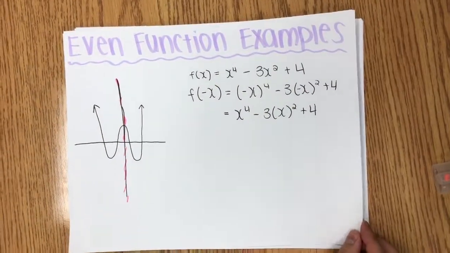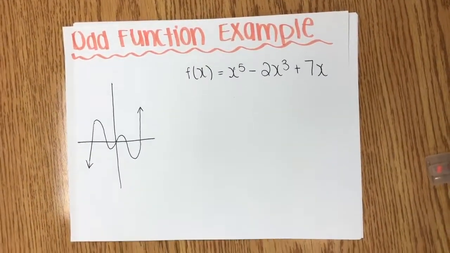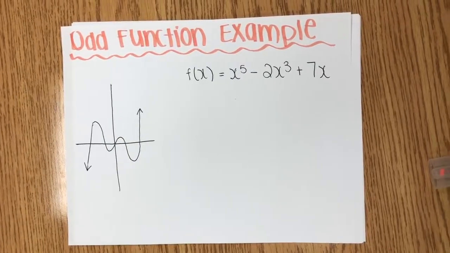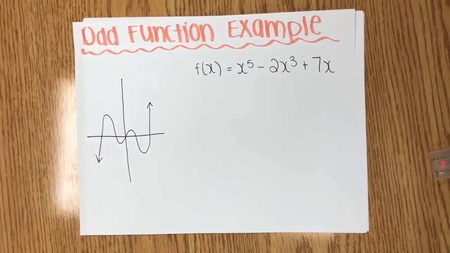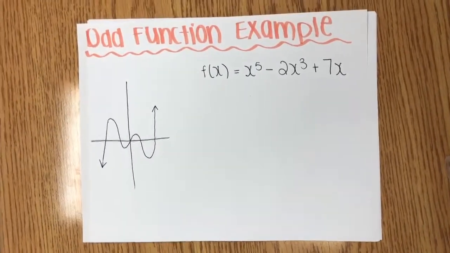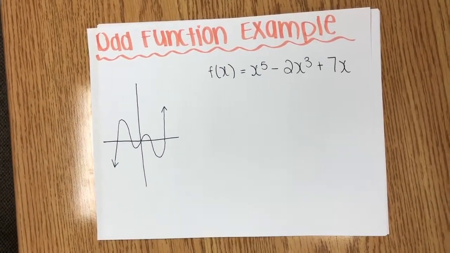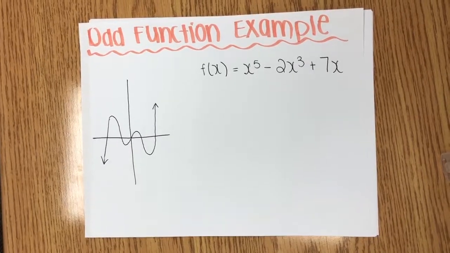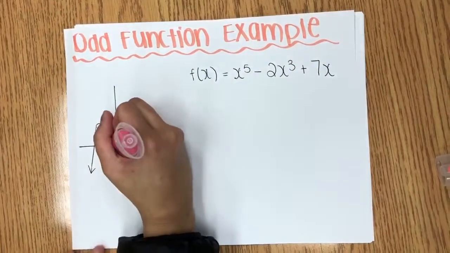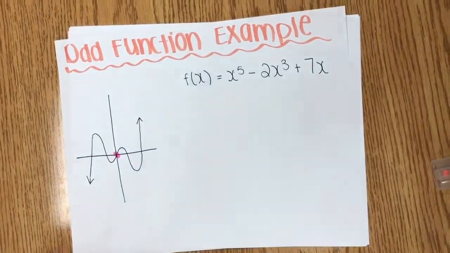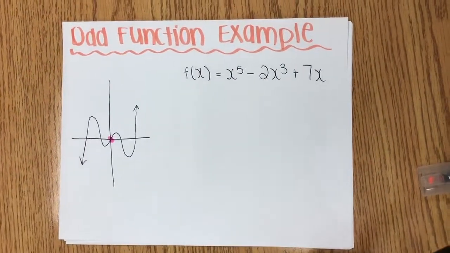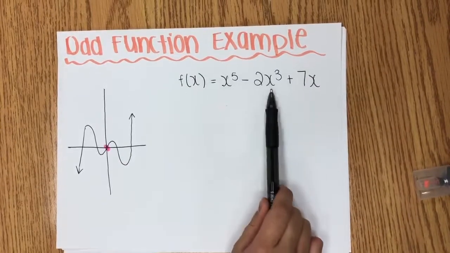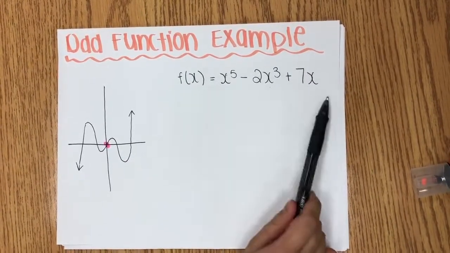Therefore, we can see that this is an even function. Now we're going to do some examples of odd functions. For the odd function example, we're going to solve this graphically and algebraically as well. To solve this graphically, you can look for a point on the origin, and if the function can rotate and still be symmetrical, you know that's an odd function. To solve it algebraically, first we can see in the equation that all the exponents on the x's are odd numbers: 5, 3, and 1.